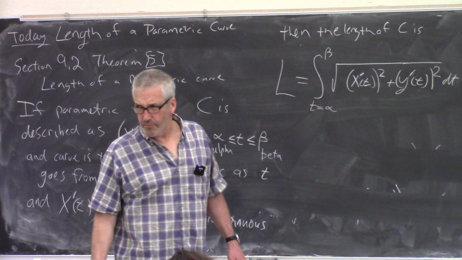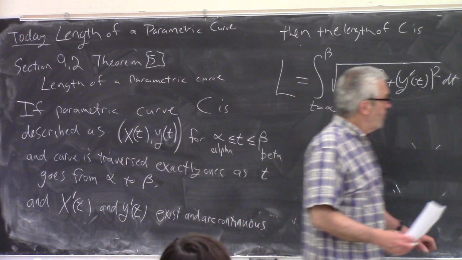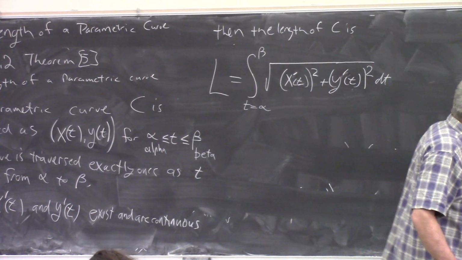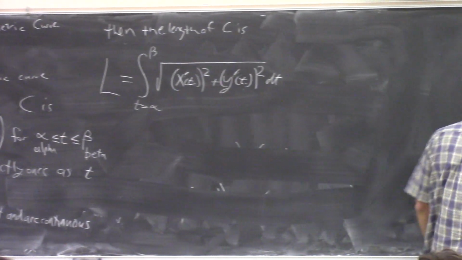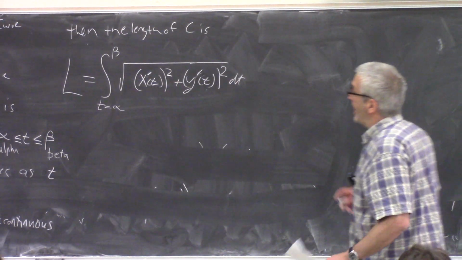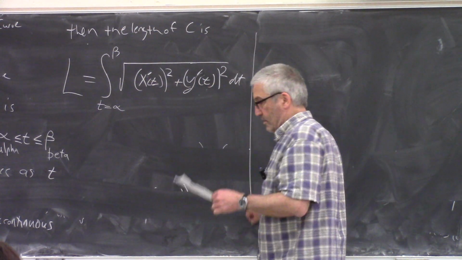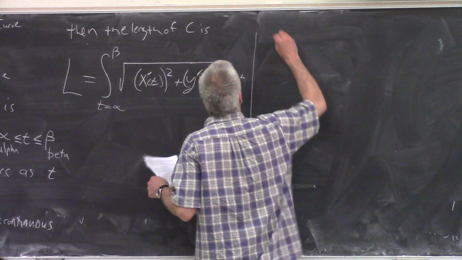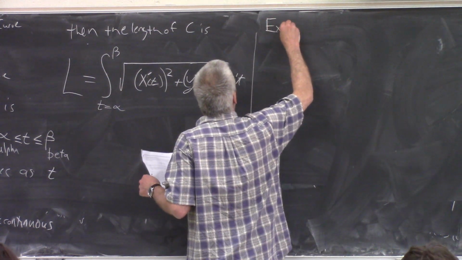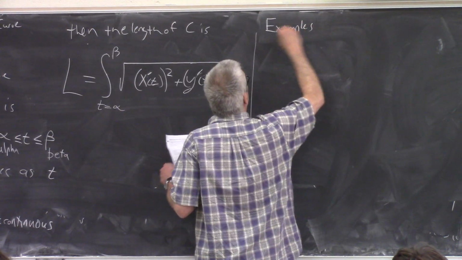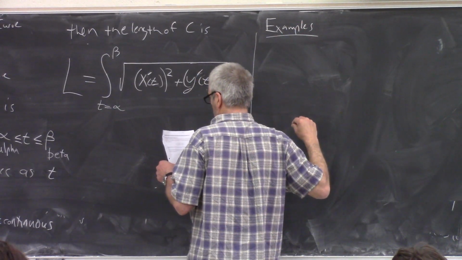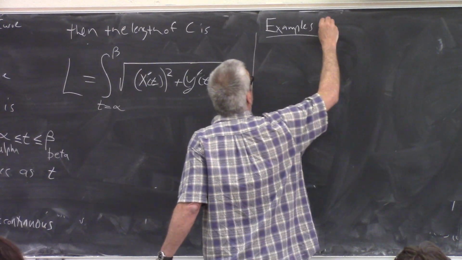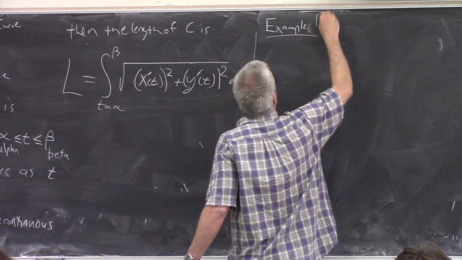So I'm not going to go over why this is the formula. If I have time at the end of the hour, which I never do, I'll try to make my stab at it. So what I want to do is some examples. So example 1.